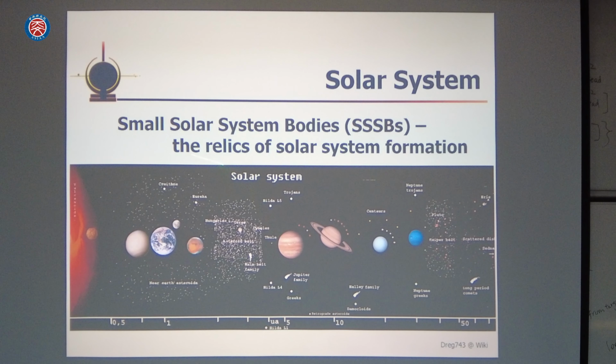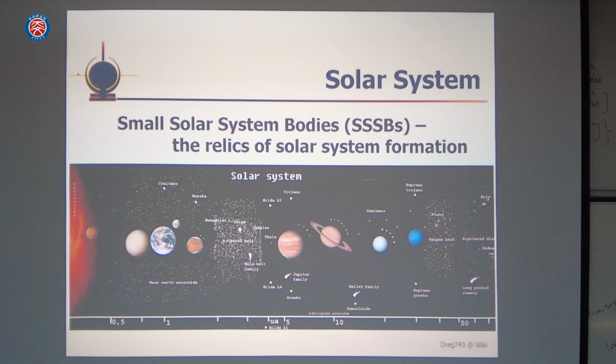This is a simple picture of our solar system. Except for the sun in the center, we have 8 planets, and then in the majority of the space, we have different kinds of asteroids, shown like the white dots here. There are 2 major groups. One is between Mars and Jupiter, known as the main belt.